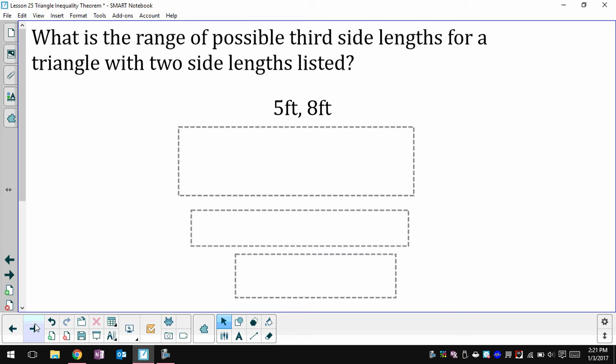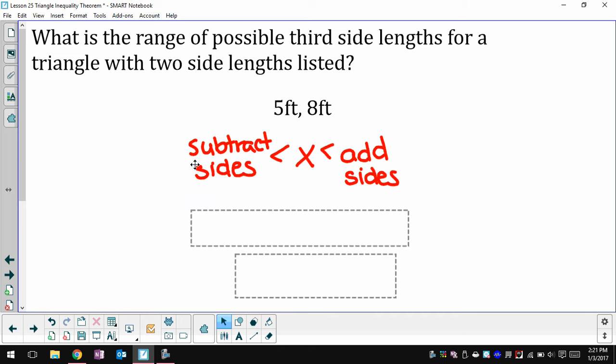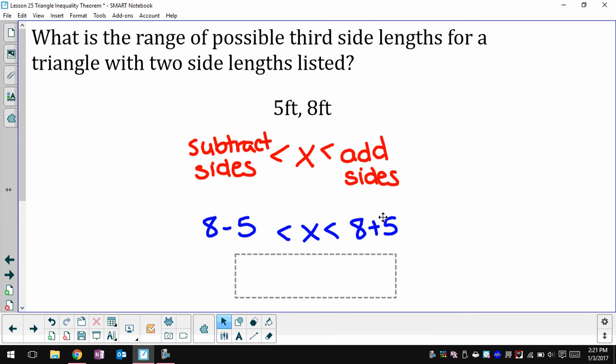Go ahead and pause and try this one. Again, I'm writing down my setup just to be consistent, so that I know every time what I'm supposed to be doing. On the left, I'm going to subtract 8 minus 5. On the right, I'll add 8 plus 5.